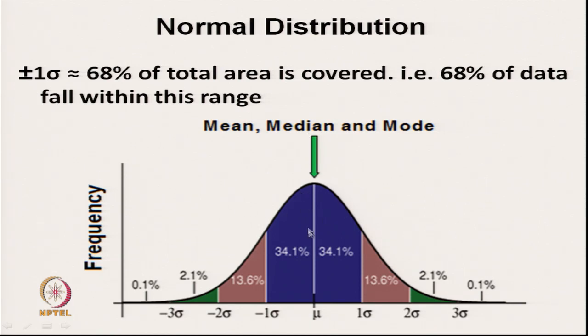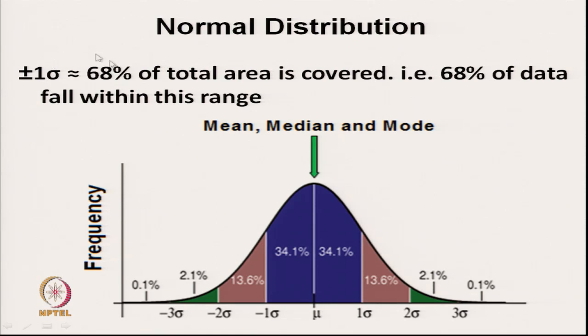This is the mean value, mu, and if we go to the right side, the plus side, and then to the minus side, in a normal distribution typically it is around 34% on one side. 34% of the entire data lies within mean plus 1 sigma, and similarly minus 1 sigma is another 34%.